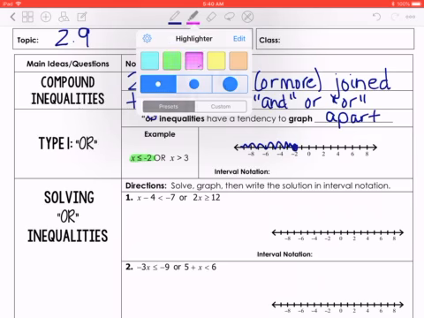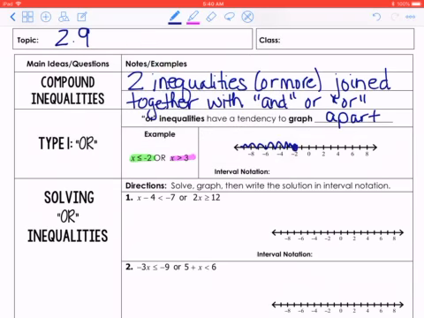The second inequality says x is greater than 3. I go to 3 with an open circle, because it's just greater than, and shade to the right. See how your graph is apart? The shading is going in opposite directions.